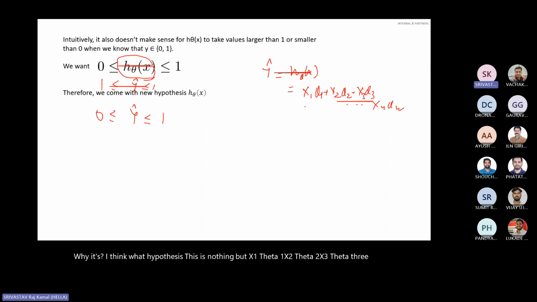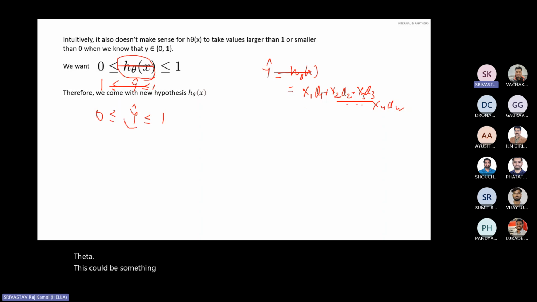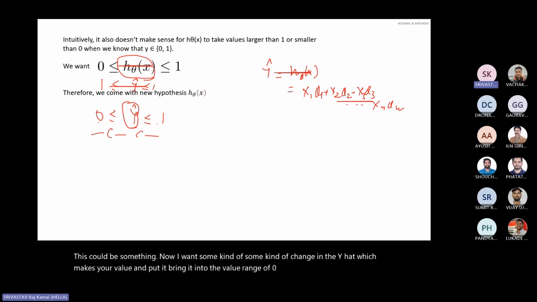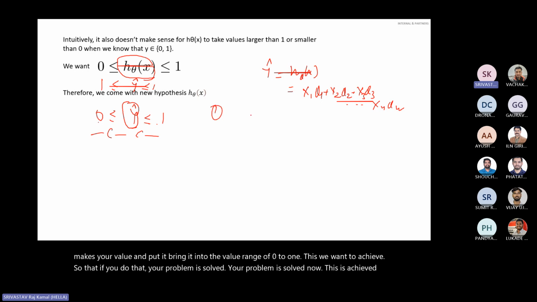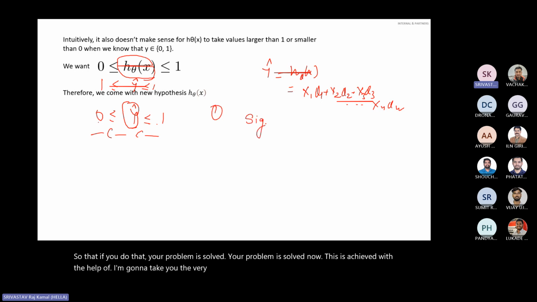Now I want some kind of change in the y hat which takes your value and brings it into the range of 0 to 1. This we want to achieve. If you do that, your problem is solved. This is achieved with the help of the very first function I'm going to take you through, which is known as the sigmoid function.